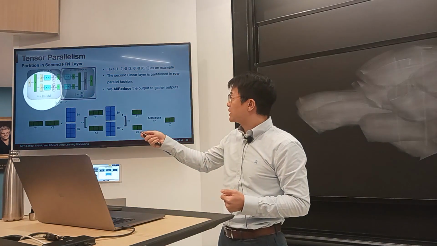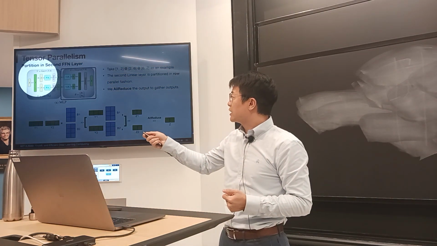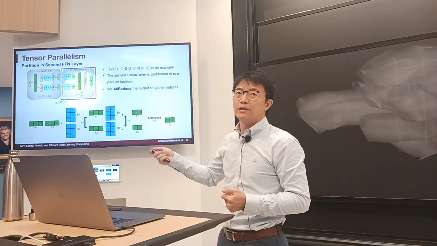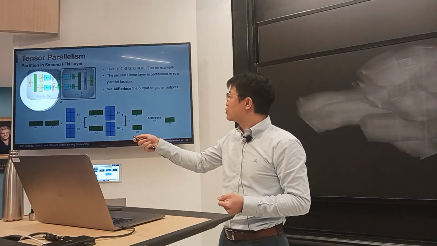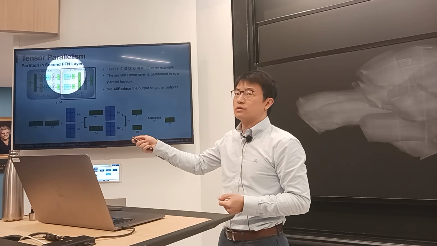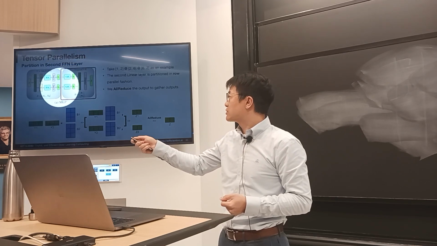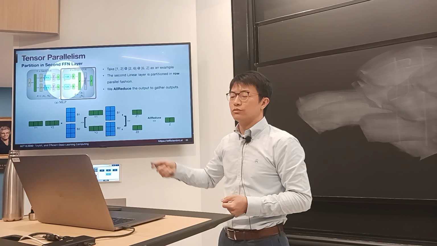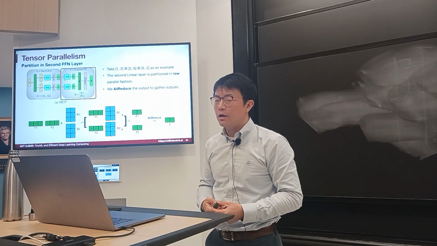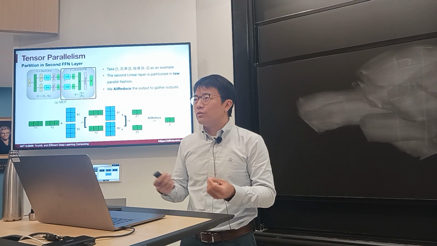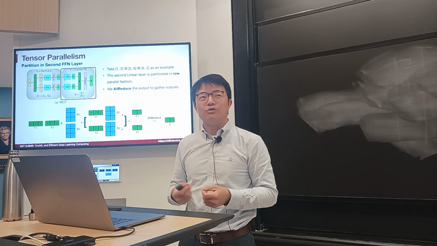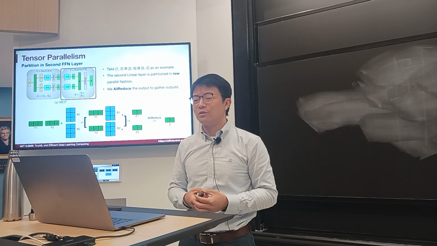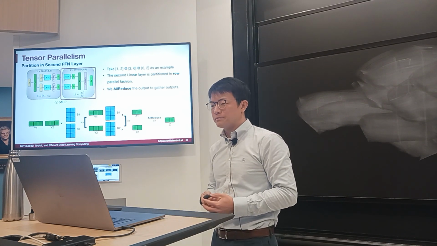So we only need a broadcast in the beginning and the all reduce in the end. And in the middle, these 2 matrix multiplications are done in parallel across 2 GPUs, GPU1 and GPU2 in this case. So 2 matrix multiplications corresponding to the 2 FFN layers in large language model is perfectly parallelizable.